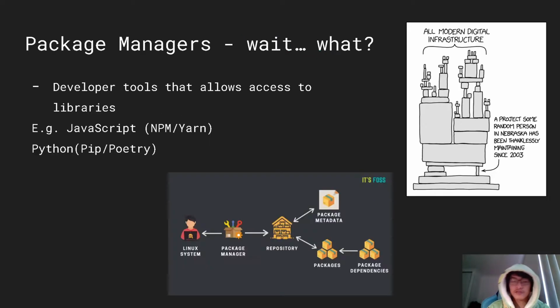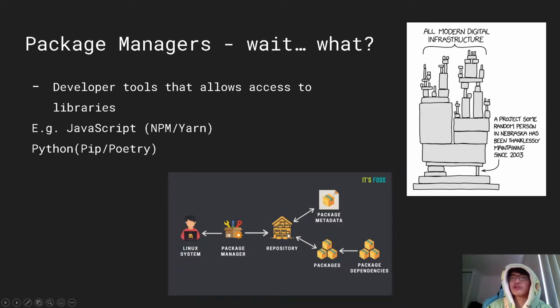Alright, so first things first, package managers. Package managers are developer tools that allow developers access to libraries in the open source world. The usual system is that you have your device that has a package manager. When you type, let's say, npm install a particular dependency, it looks for that dependency in a specific repository.